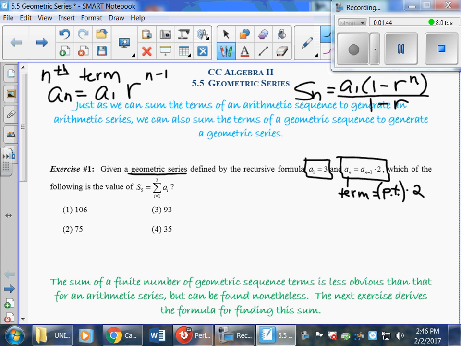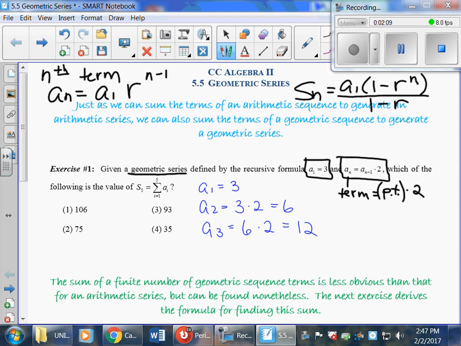Now, we can easily do this because it's only 3 terms. So make sense of what the sequence looks like. A1 is 3. A2 is equal to the previous term times 2, which is 6. And A sub 3 is equal to the previous term times 2, which is 12.